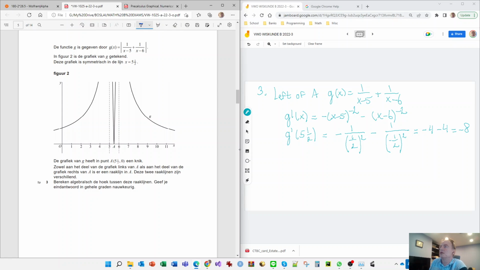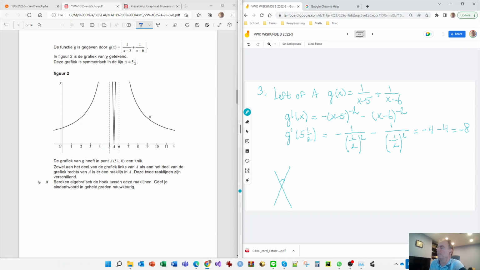That was not a success. Let me actually draw it here. It's actually pretty steep. You can see it's minus 8, so one step to the right and it goes 8 down. The other line will be something like this, and then the angle they're asking for will be this, the smallest angle here.